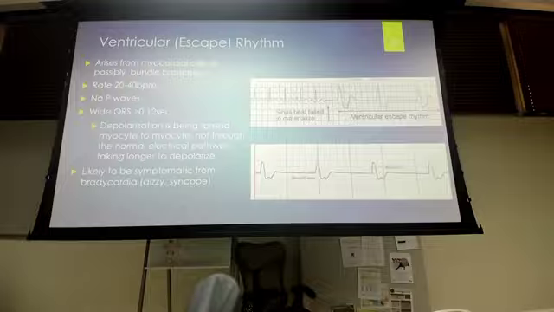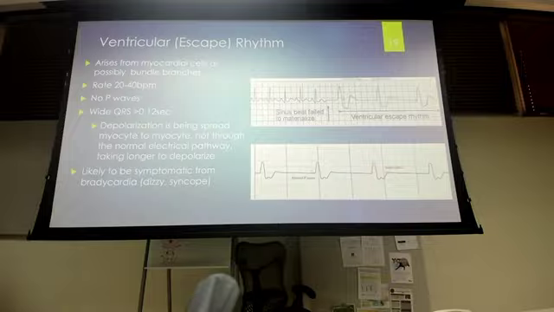Are you going to see P waves before it? No, because we already know that the SA node isn't firing. Because the ventricles are still firing, and when ventricles fire, it's a big deal, you can actually cause retrograde depolarization of the atria as well. So sometimes you'll have P waves, like this is actually a P wave down here, there's a P wave here. But again, the key for you guys is I don't have a P wave before this.